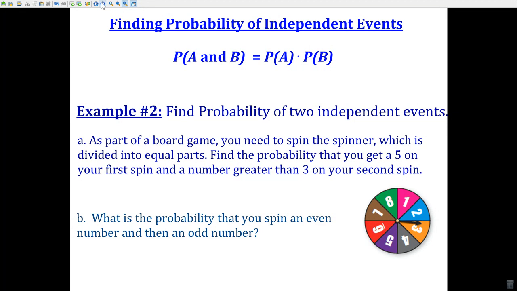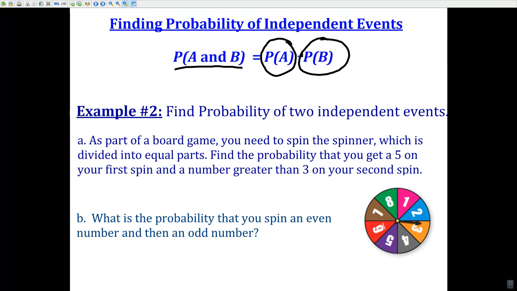Finding probability of independent events. The probability of A and B happening is going to be the probability of A times the probability of B. Find the probability of 2 independent events. As part of the board game, you need to spin a spinner, which is divided into equal parts.